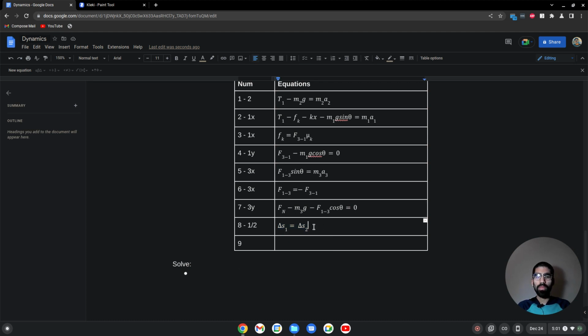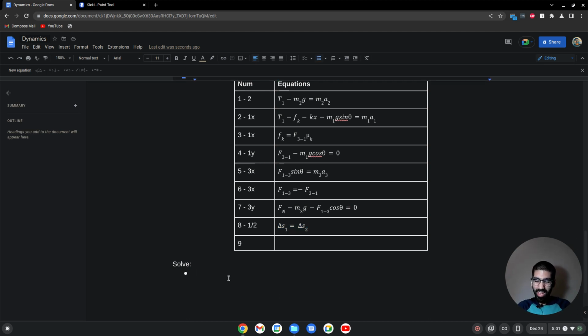So remember, acceleration is just the rate of change of velocity over time, and velocity is the rate of change of displacement over time.